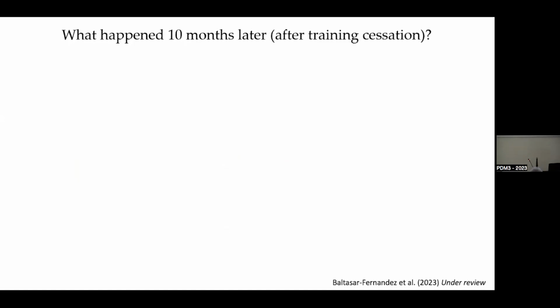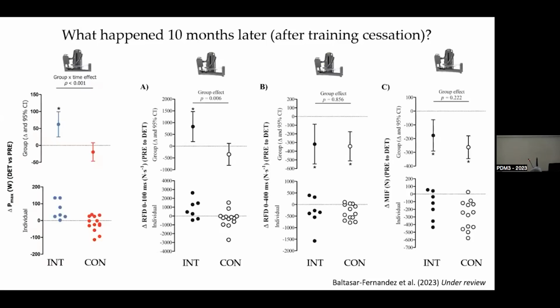And lately, we have looked into the effects after 10 months of training cessation, which are actually right now under review. And what we have found is that even after 10 months after finishing the training program, some gains are retained, okay?